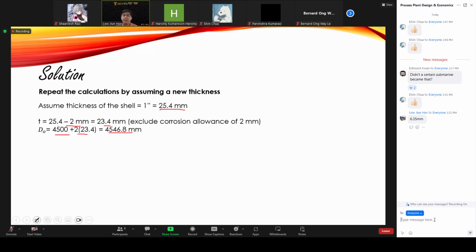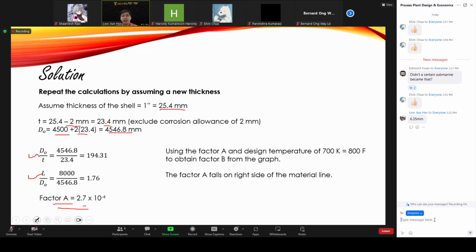Similar, we proceed to identify the ratio here, then refer to figure 8.10 to get the value for factor A. Once you get the factor A, because factor A falls on the right hand side of figure 8.11, then you can actually identify the value for factor B. Then you proceed with the second equation to put in the value of factor B to determine the maximum pressure that can be withstood by the pressure vessel.